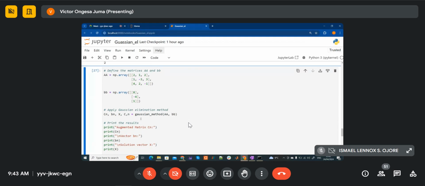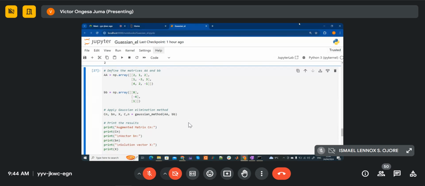But let me write it down so that I can confirm: 2, 1, 2, 1, minus 3, 3. Also go and check them. X, Y, Z is the same as 8, minus 4, and then 1. So go and check to see if there's somewhere you left out in the solution or there's a mistake somewhere.